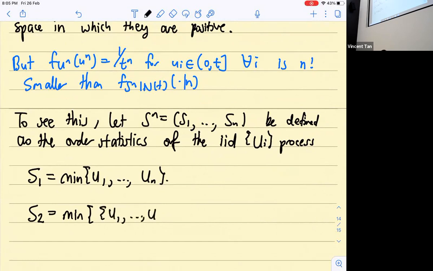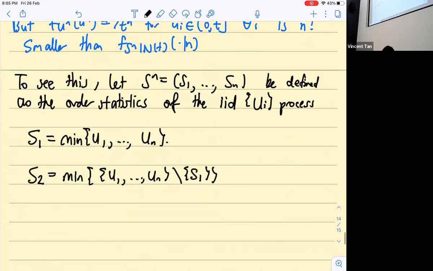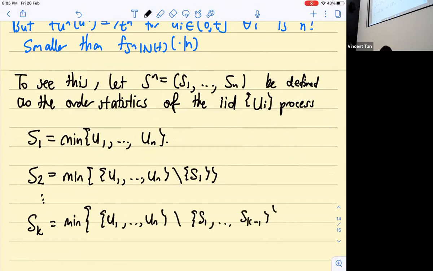So S_1 is the minimum, and S_2 is the minimum of the rest, not S_1. Similarly, S_k is the minimum of U_1 up to U_n, taking away S_1 up to S_{k-1}. Okay, so this is just a definition.